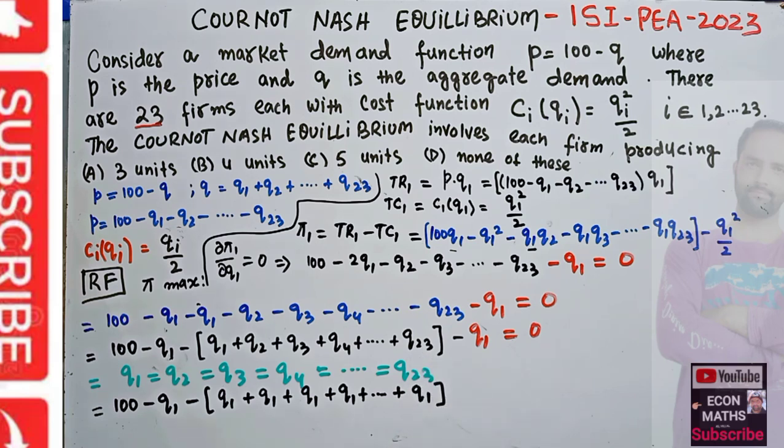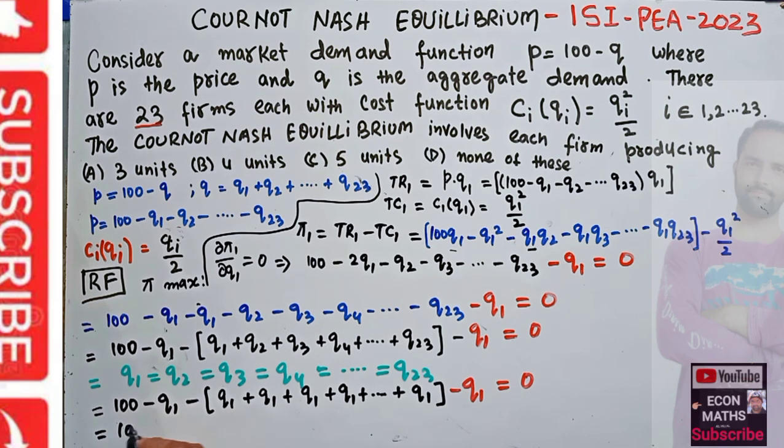Because we have similar cost functions, I have written Q1 in place of Q2, Q3, Q4, up to Q23. To this we subtract this Q1, which should be equal to 0.